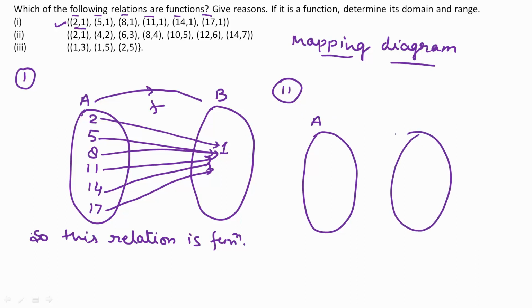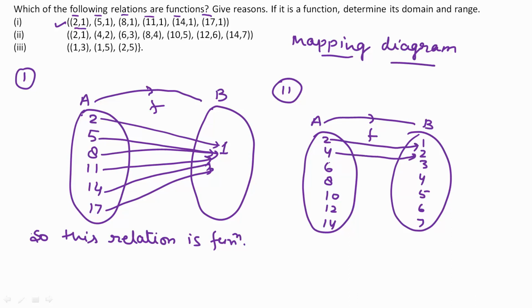This is set A and this is set B, and the function is defined from set A to set B. Set A has the elements 2, 4, 6, 8, 10, 12 and 14, and set B has the elements 1, 2, 3, 4, 5, 6, 7. 2 connects with 1, 4 connects with 2, 6 connects with 3, 8 connects with 4, 10 connects with 5, 12 connects with 6 and 14 connects with 7.